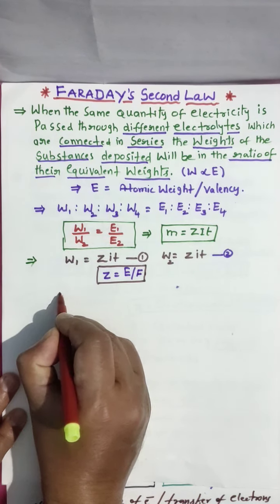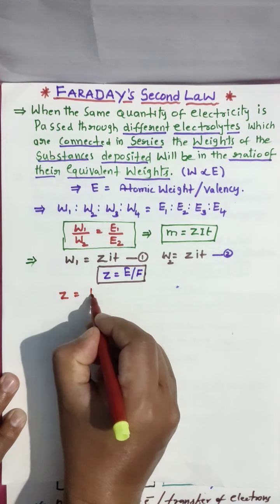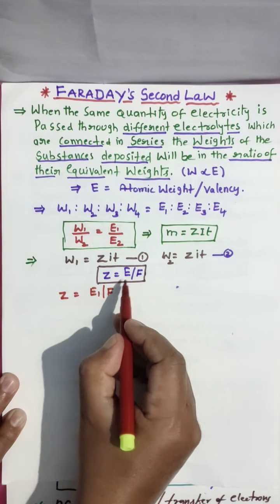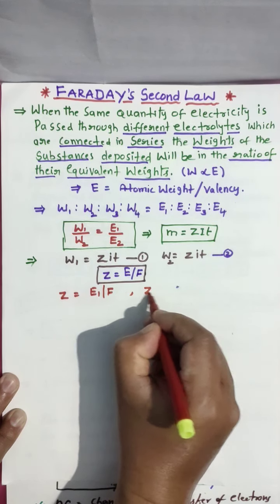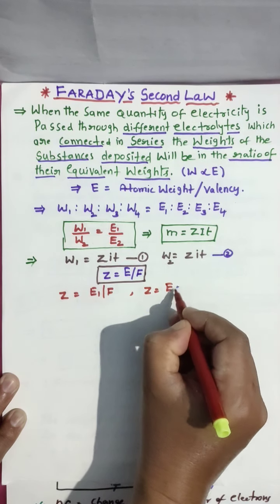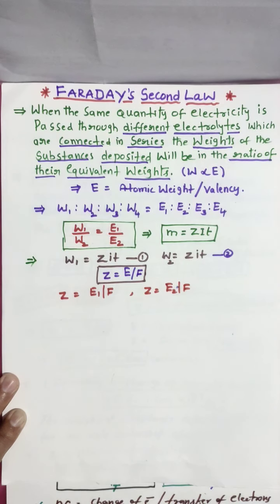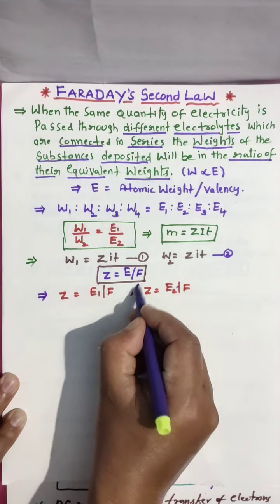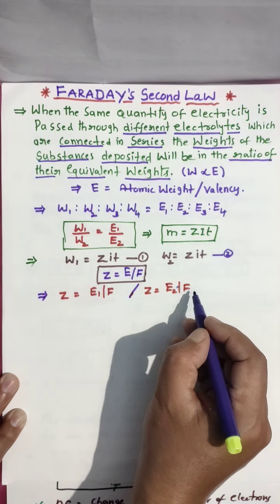Clear? Z equal to E1 upon F. Am I right? And Z equal to E2 upon F. These two we got.